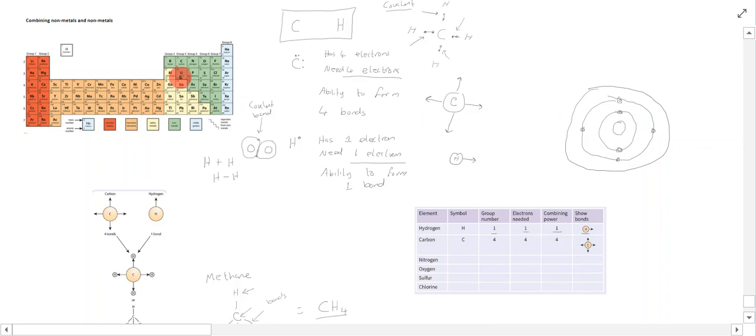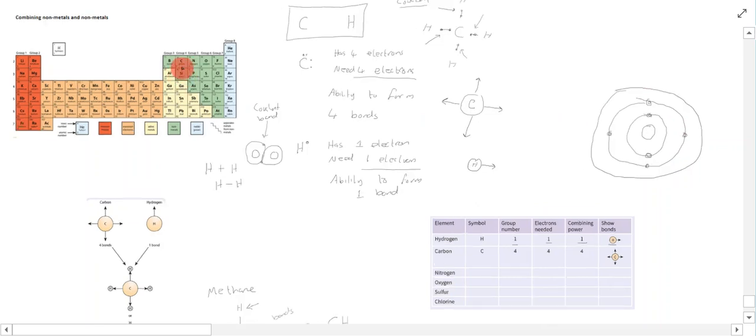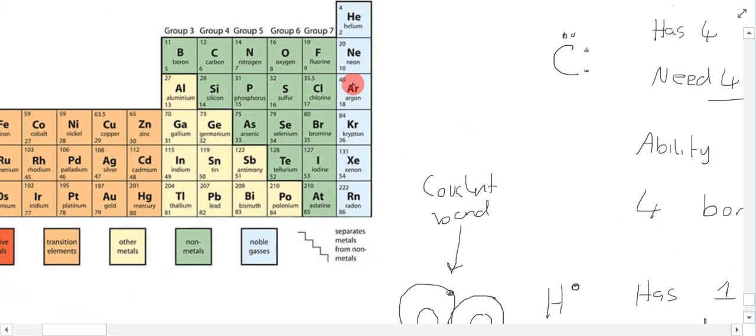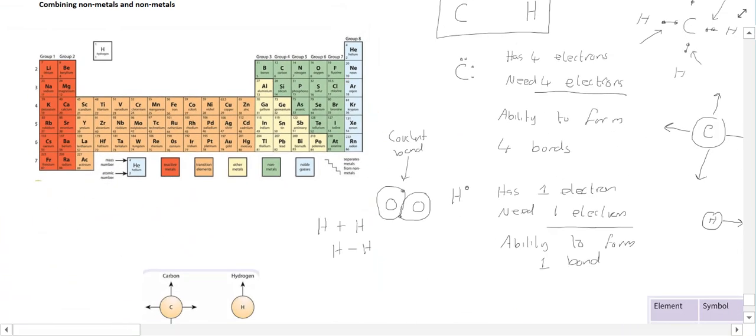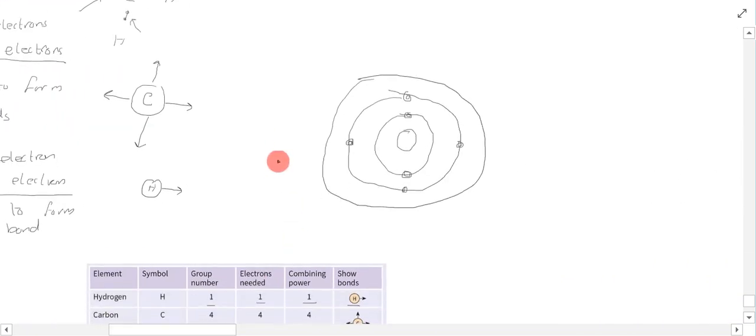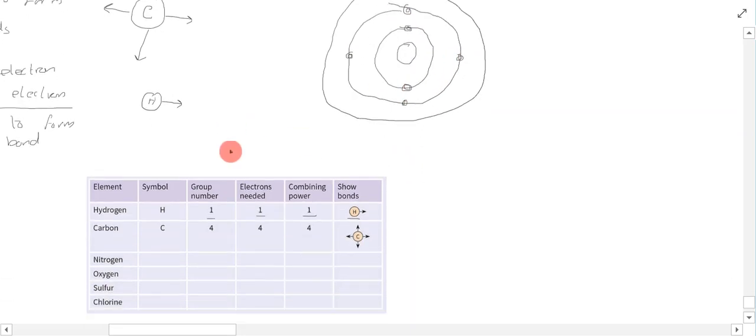If we look at its atomic number, this smaller number is 6, so it has 6 protons in the nucleus, which also means it has 6 electrons in total. These are the 6 electrons: 1, 2 in the first shell, 1, 2, 3, 4 in the outside shell.